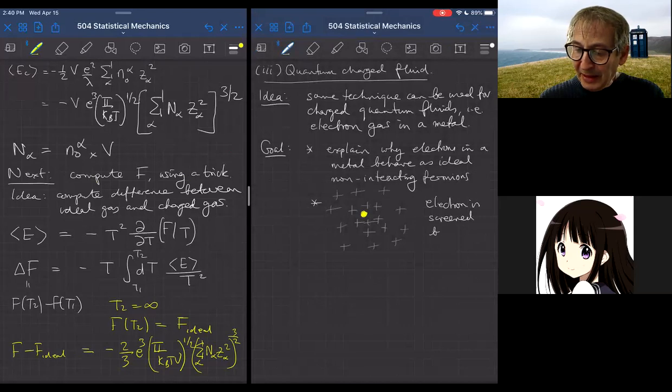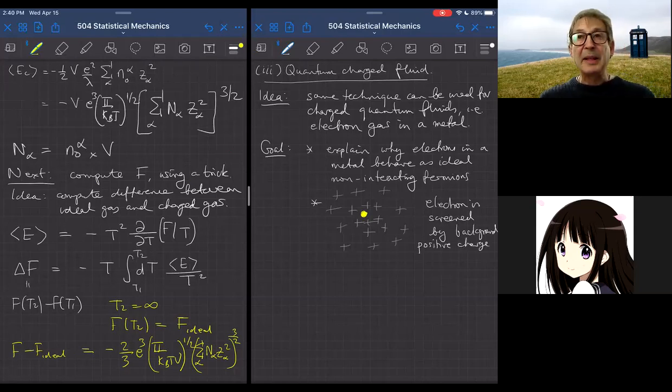The electron is screened by the background positive charge, which is there to make the system electrically neutral. And as long as the length scales allow the lattice distortions to provide charges in this way, then the electron is screened by background positive charge.